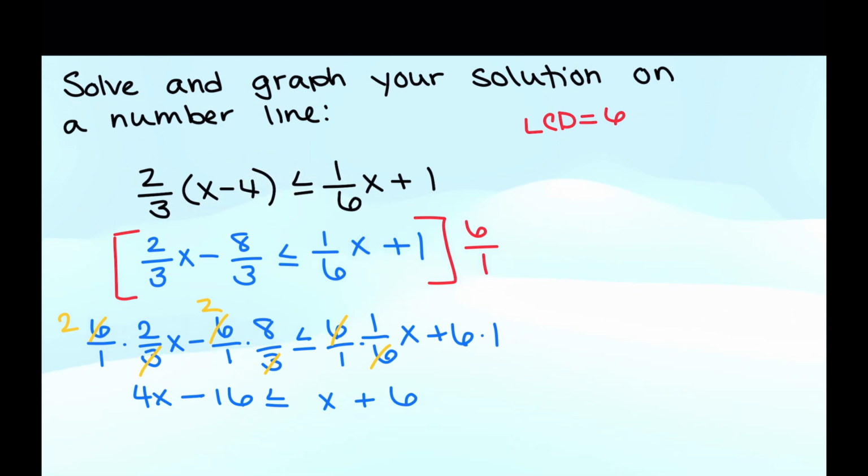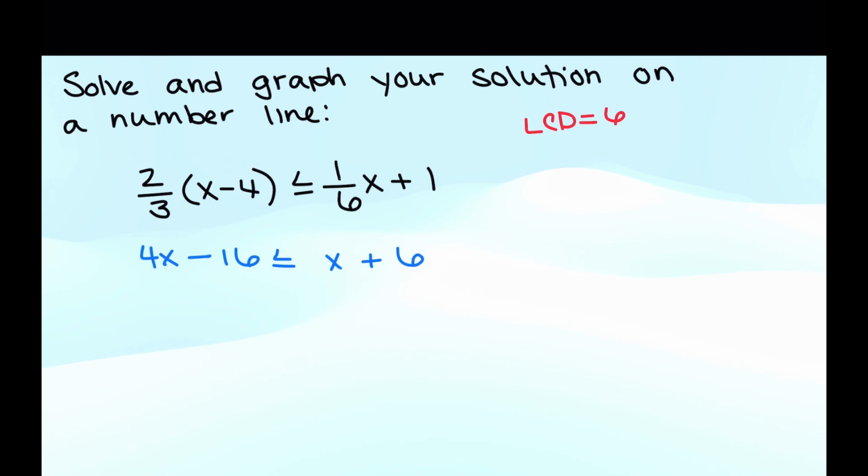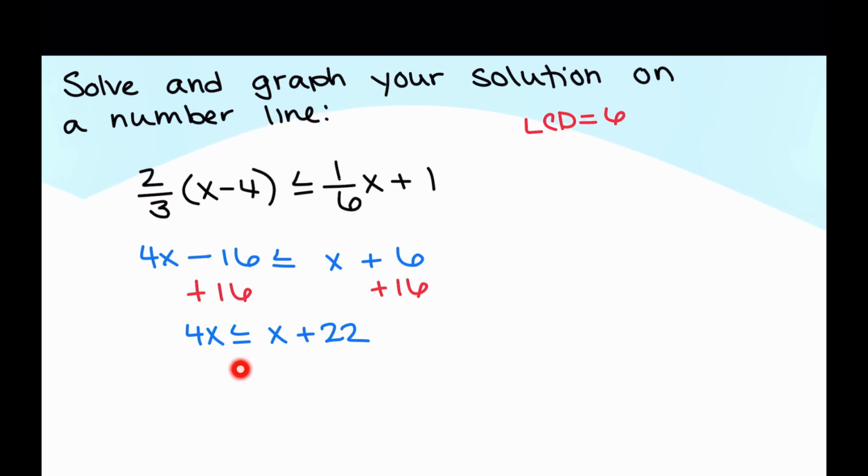We can solve this by putting the constants on one side. So same inequality, I just made a little bit more room on my screen. So I want to put the constants on the right, so I'm going to add 16 to both sides. That gives me 4x less than or equal to x plus 22.